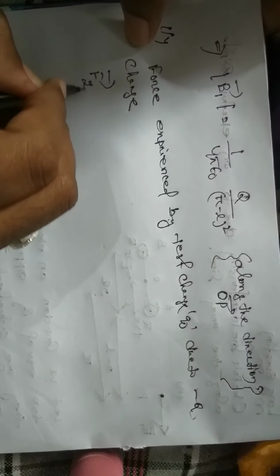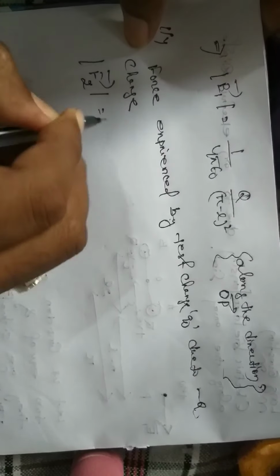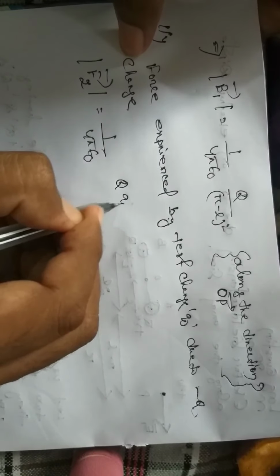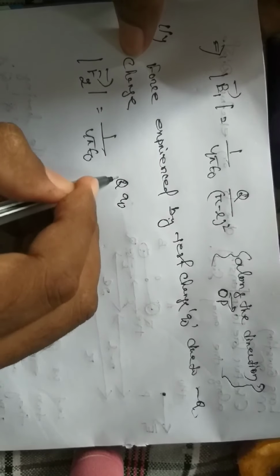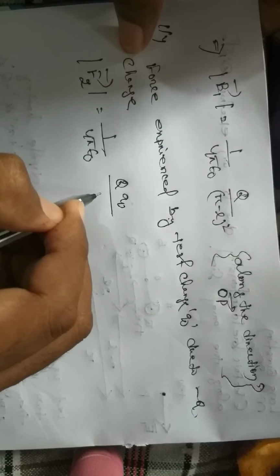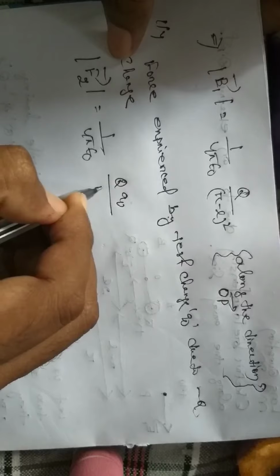That means the magnitude of F2 vector rho is equal to 1 by 4 pi epsilon naught into q naught by BP square, where the magnitude of the charge is q.